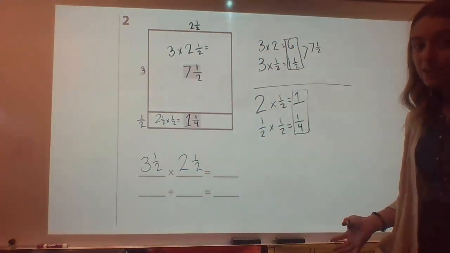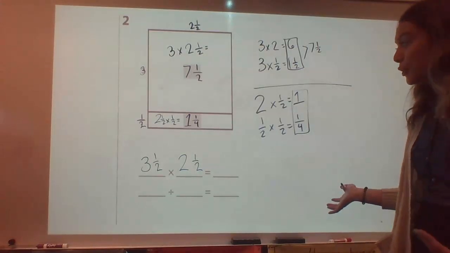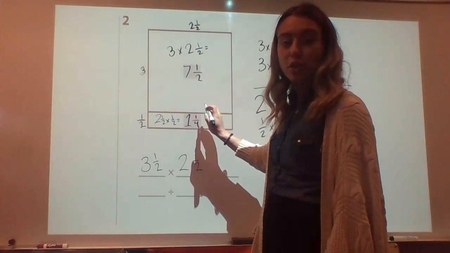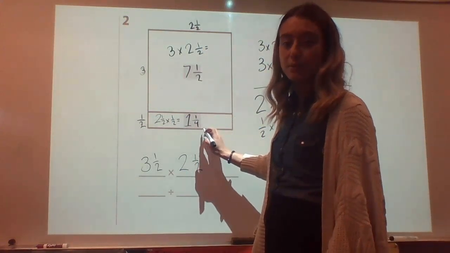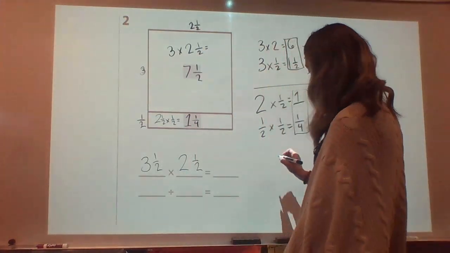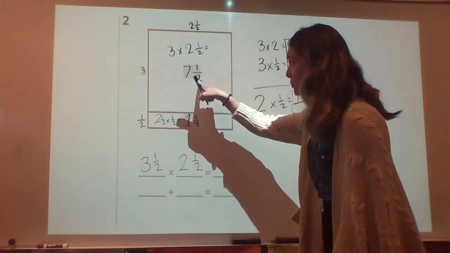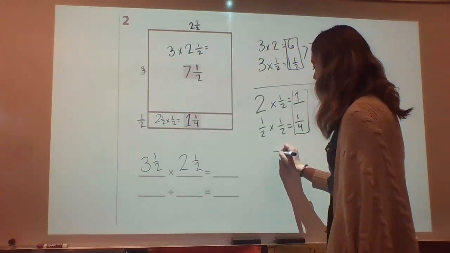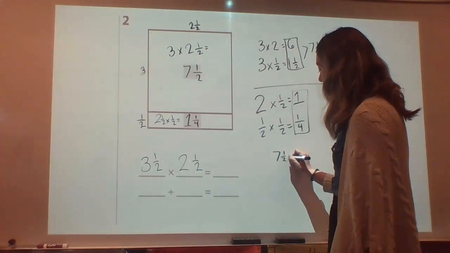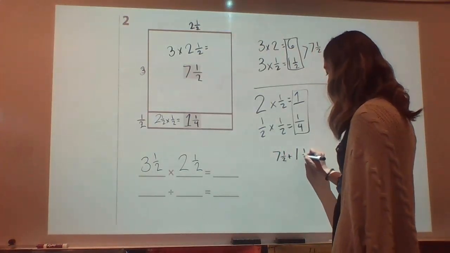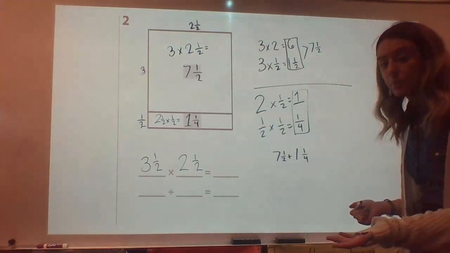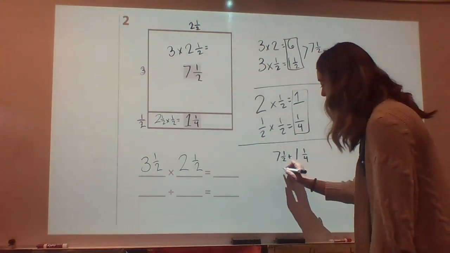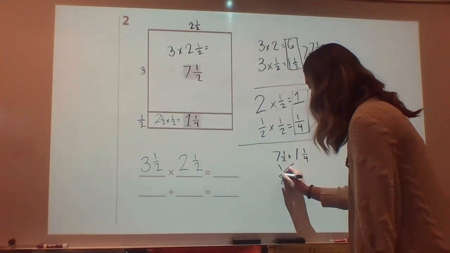Now I'm not done yet. There's lots of adding or multiplying going on. Now I have to add up my 2 products from the middle. So let's do that over here. This answer will be 7 1/2 plus 1 1/4. Now I might take this apart. Let's do another line. 7 plus 1 is 8.